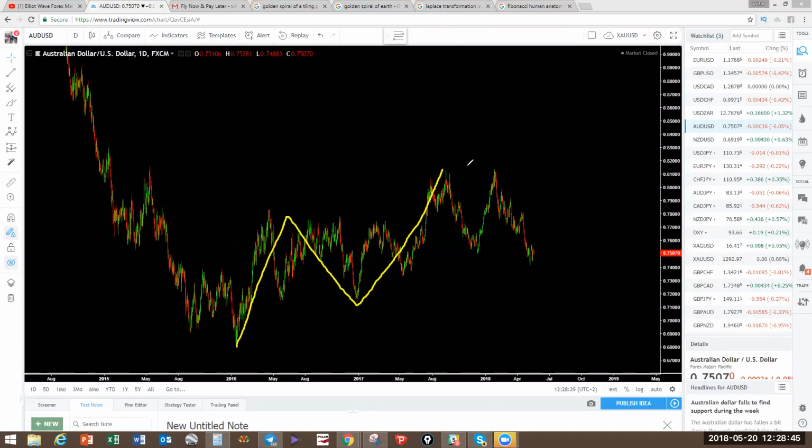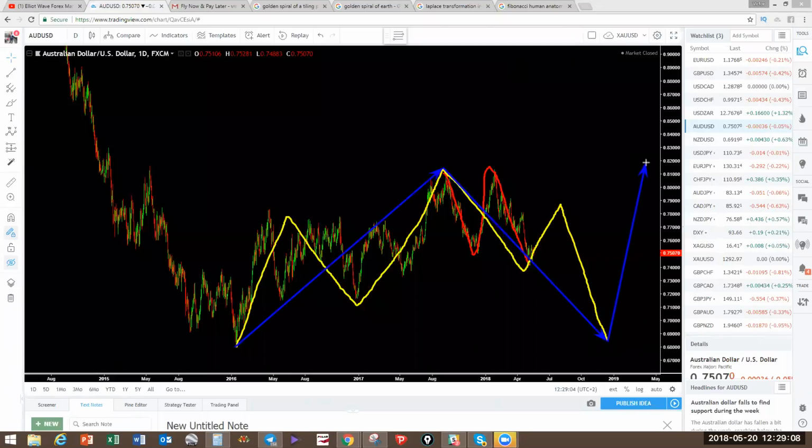And then here you've got a 1, 2, 3-wave move. 1 bounce, 3 like that. So what you have here is a move. I'm going to show it in blue. It's a 1, it's a 2. So this could give you this whole flat correction here.